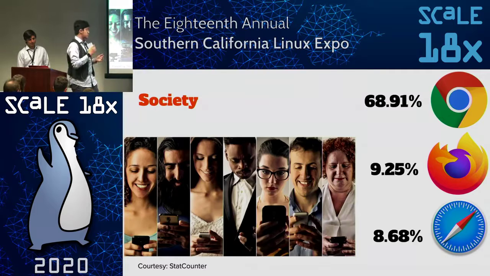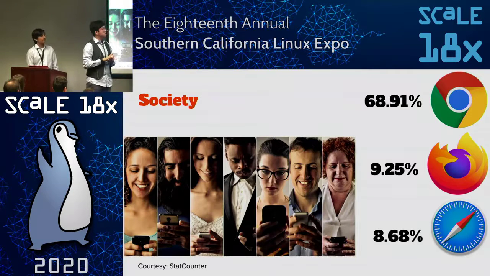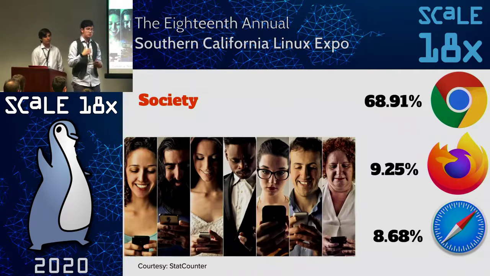According to StatCounter.com, 70% of users around the world use Google Chrome. This is pretty big because it shows how Google Chrome is still relevant in today's day and age. The next runner-up is Firefox, which is also an open source web browser that is very popular.